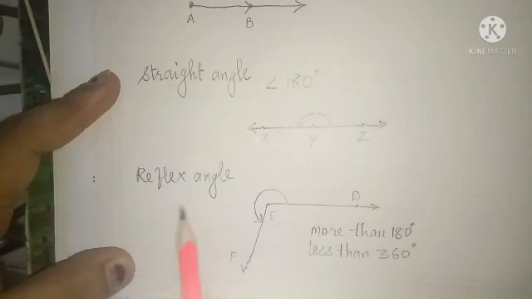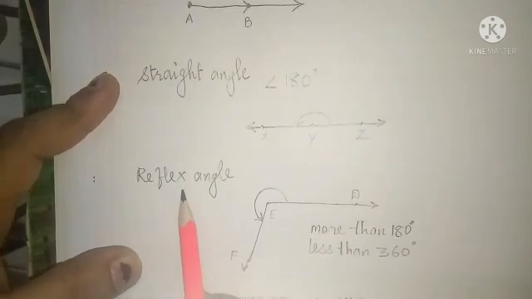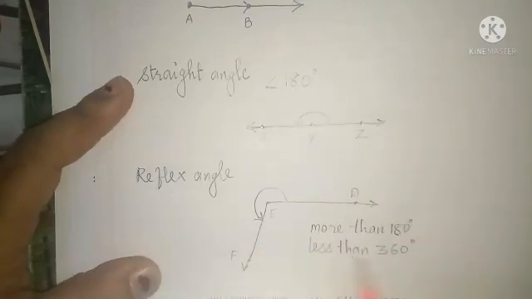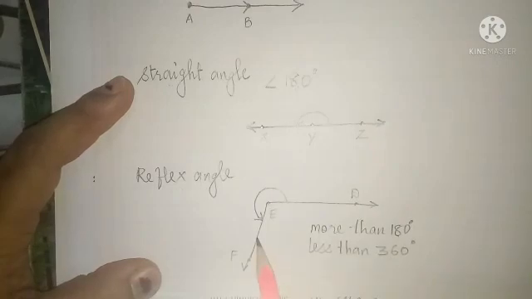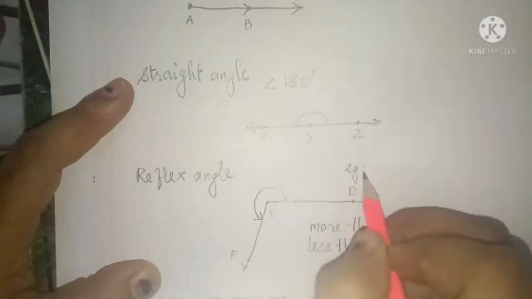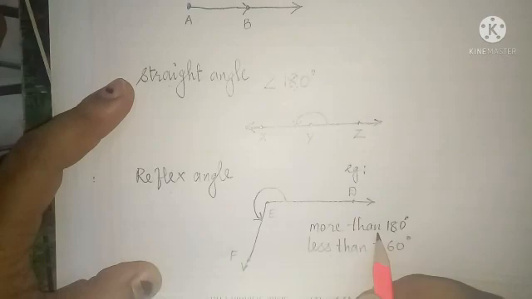So always define a reflex angle as an angle with measure more than 180 degree but less than 360 degree. Suppose I give you an example of a reflex angle: it should be more than 180 degree but less than 360 degree.